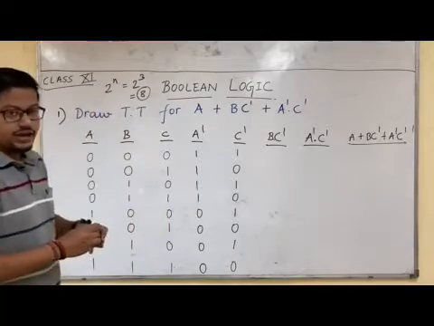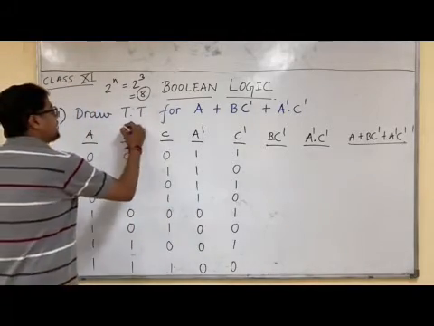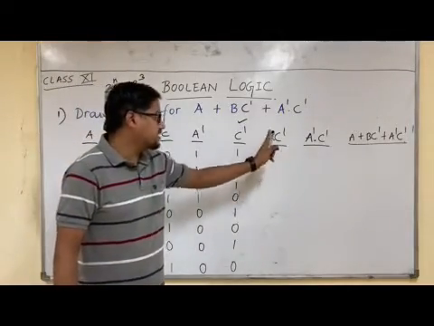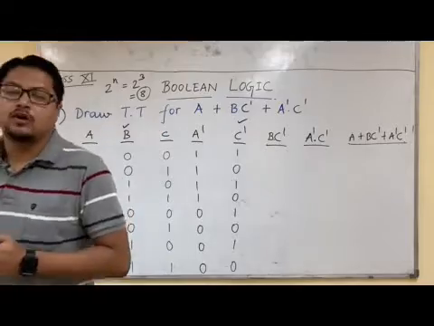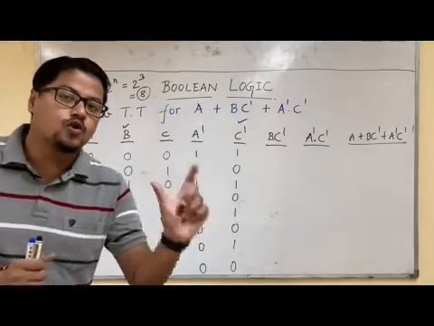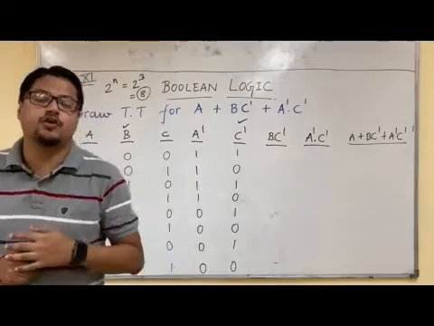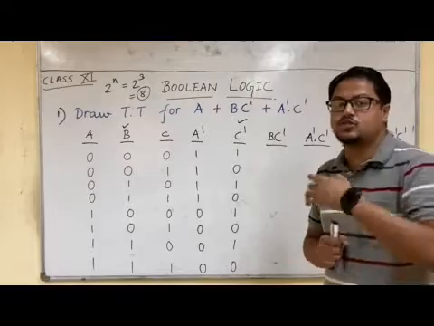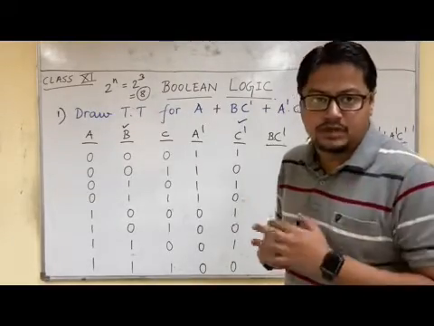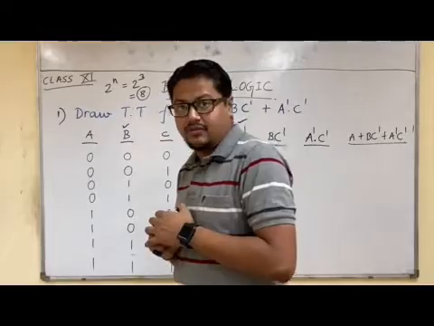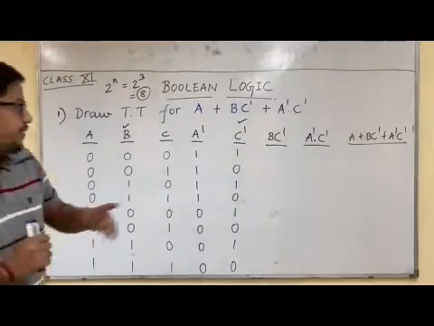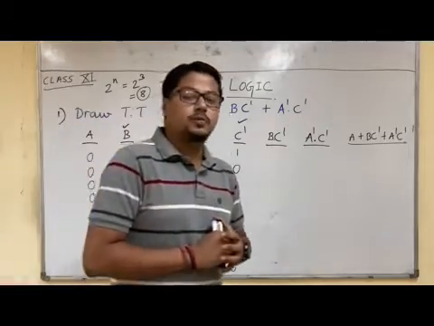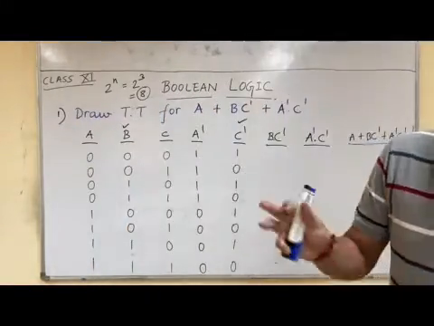B C dash. Now what is there between B and C dash? AND, the dot. What was the rule for dot, students? Remember yesterday's video where we discussed the AND operator. Output is high, that is output is 1, only if all given inputs are 1.